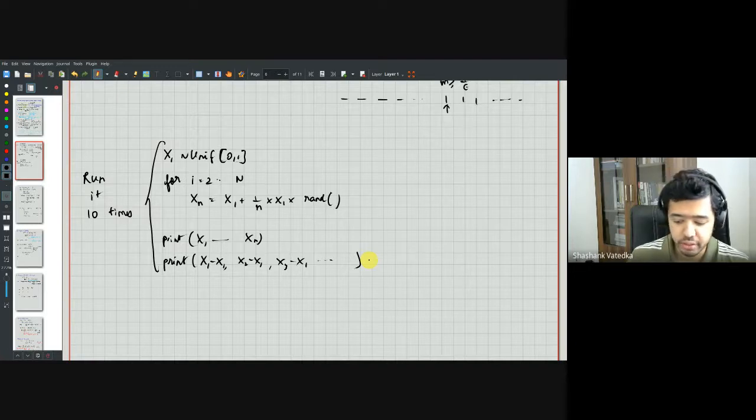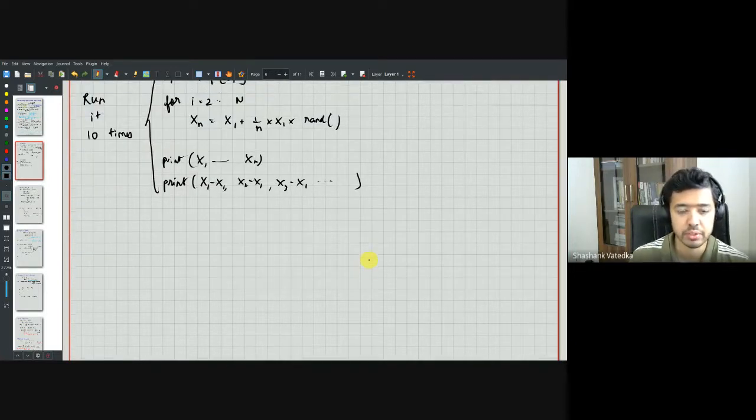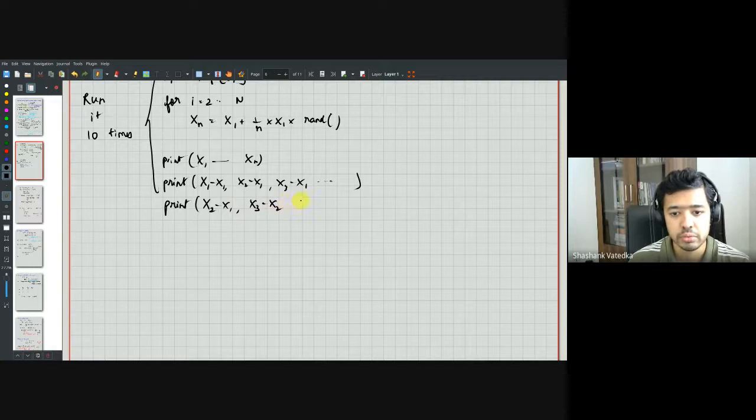So another way of determining whether a sequence of random variables converges or not is to look at the difference between consecutive random variables. So in this case, also try to look at x2 minus x1, x3 minus x2, x4 minus x3 and so on.